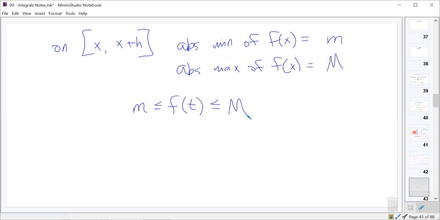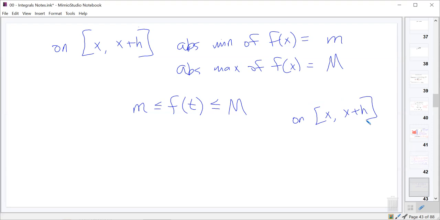And this is guaranteed to be true on the closed interval from x to x plus h.